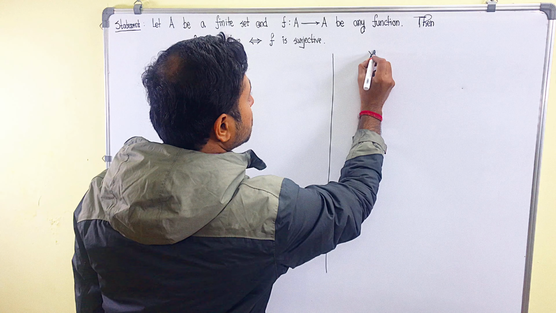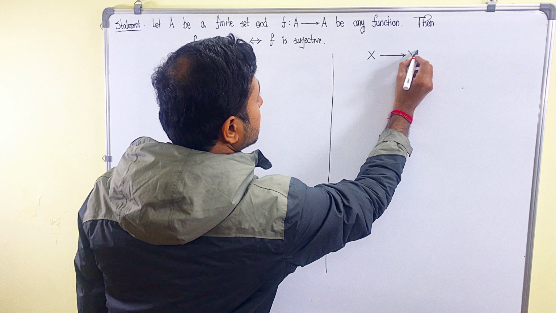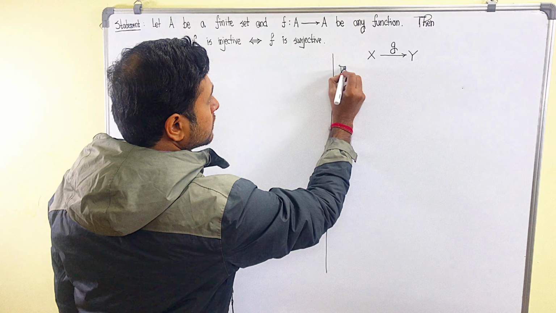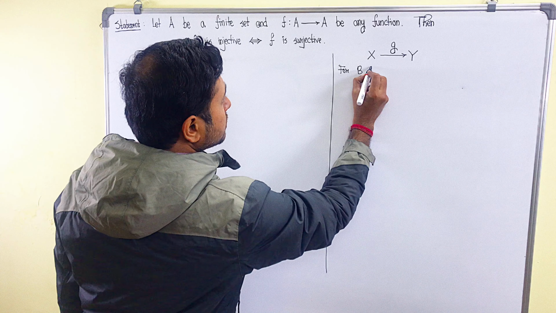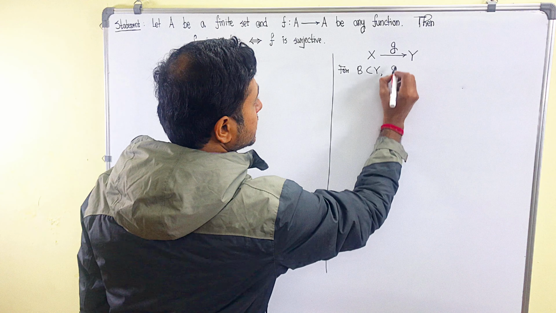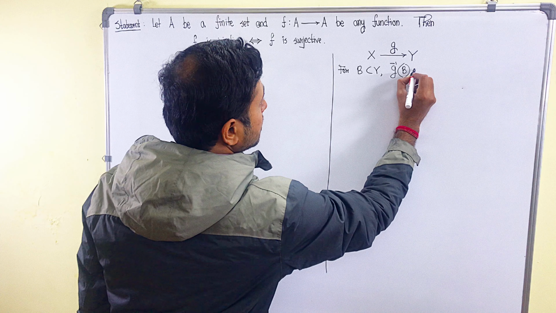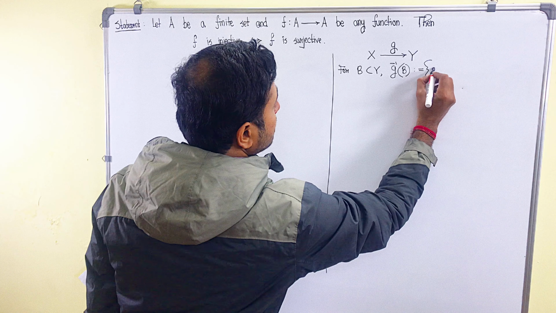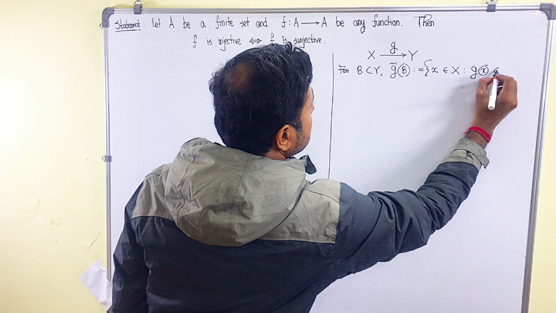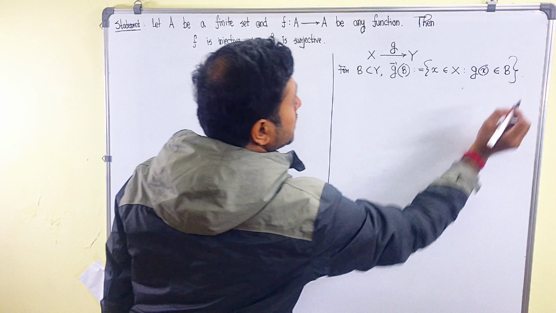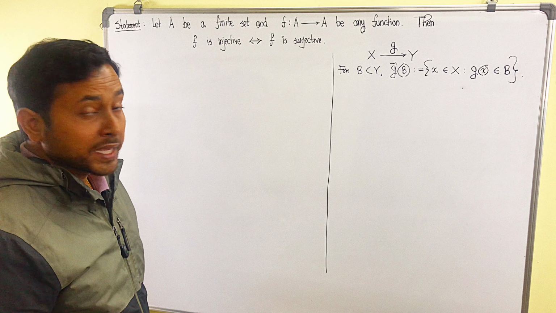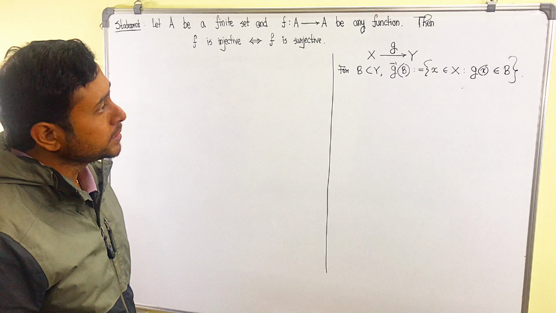So let X and Y be any two sets and g be a function from X to Y. Then for any subset B of Y, the inverse image of B under the function g, denoted by g inverse of B, is defined by those x in X such that g of x belongs to B. Indeed, this inverse image is a subset of X. This is also called a pre-image of B or the pullback of B under the function g.